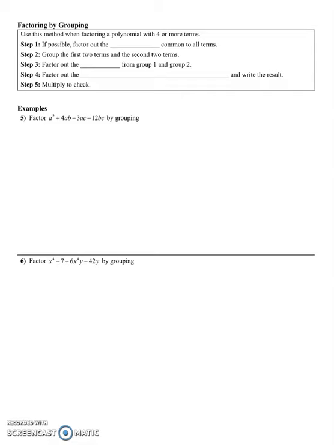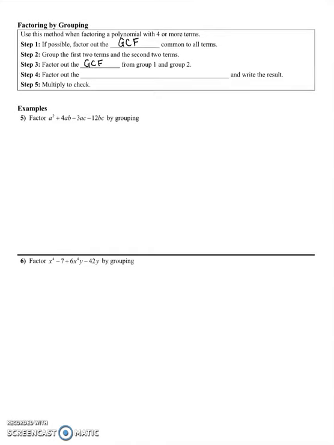So the first thing you do is you look at all four terms, because this is what we do when we have a polynomial with four or more terms. Looking at all four, you factor out a GCF that's common to all four of them, if you have one. Then you group the first two terms and the second two terms. You factor out the GCF from group 1, and then you factor out the GCF from group 2.